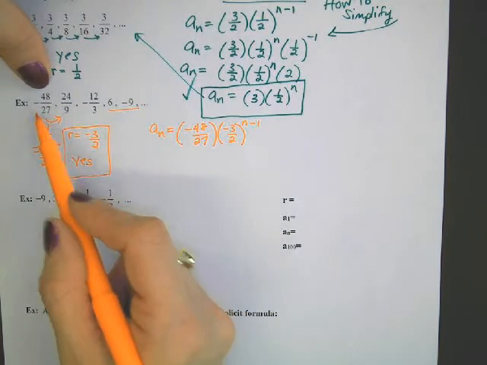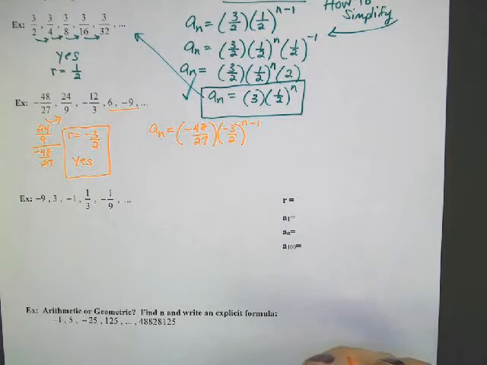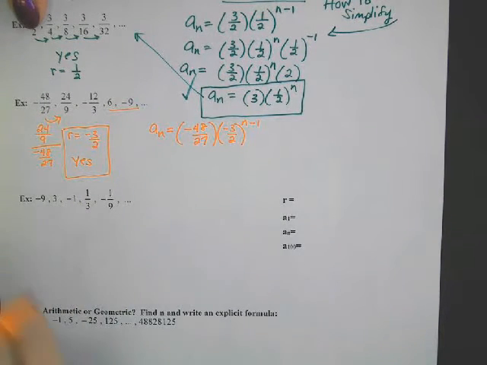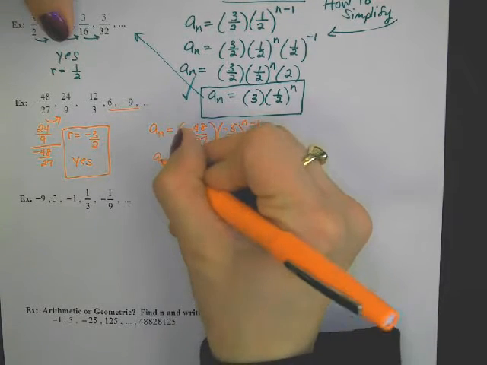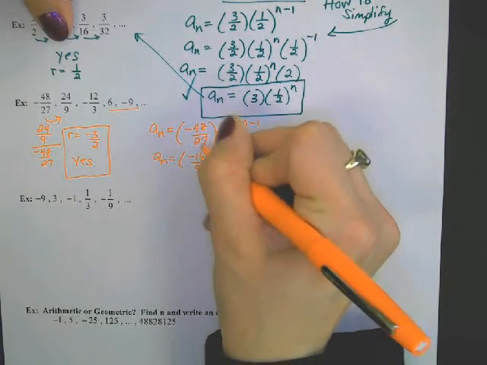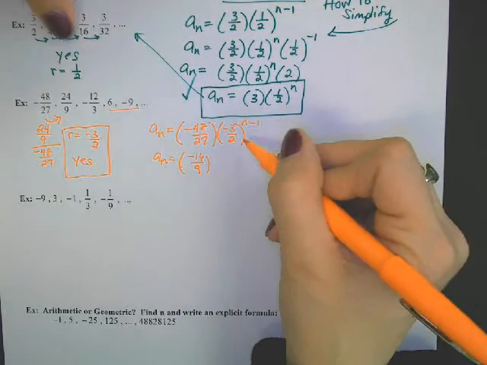I think they left the numbers like that so you could see the pattern a little more clearly. If you reduced them all, it wouldn't have been so obvious. So negative 48/27 can actually simplify into negative 16/9. I think I'm going to reduce that one just so that my work is a little easier.